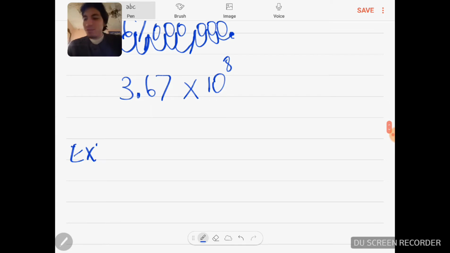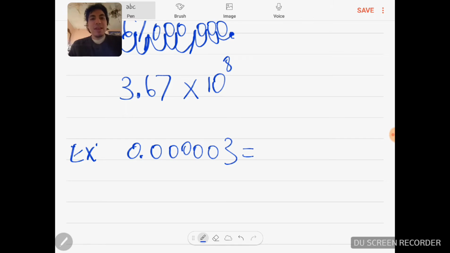I know, that was a little bit of work to do. Let's try another one. Let's try 0.000003. I want to make this number between 1 and 10, so I got to count. 1, 2, 3, 4, 5, 6. So I moved over 6 places.